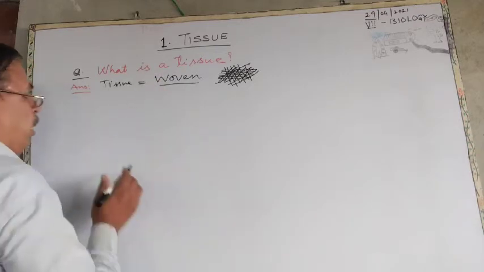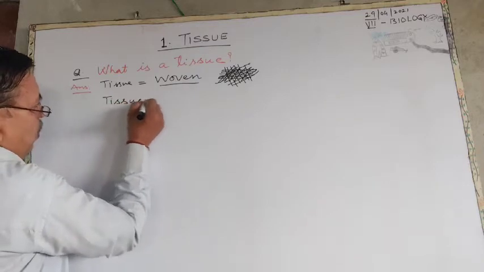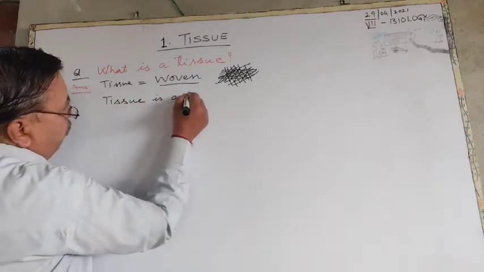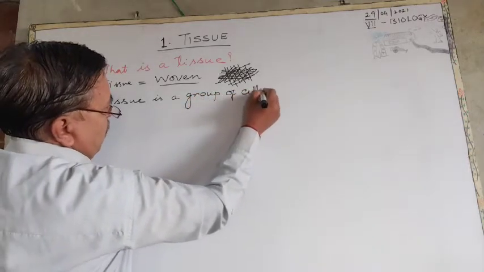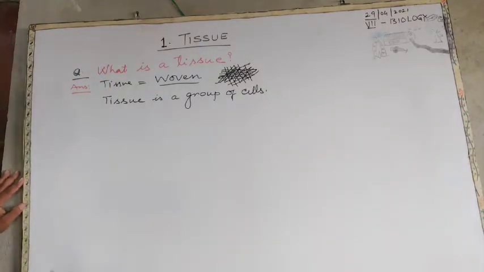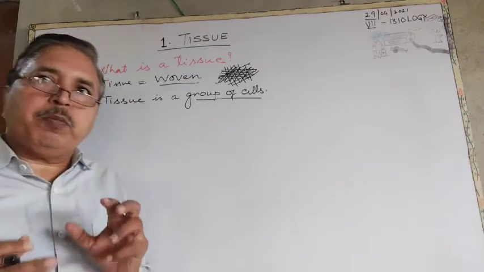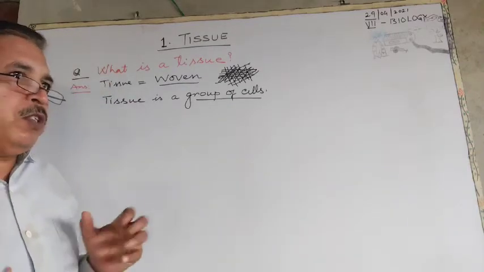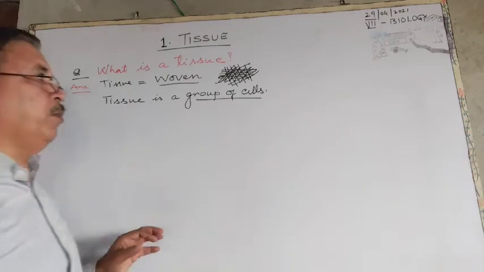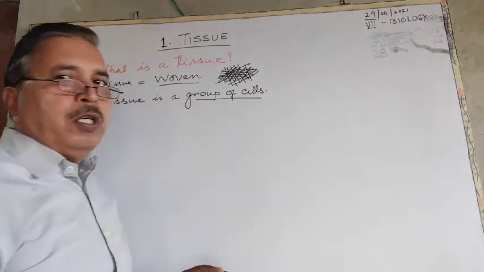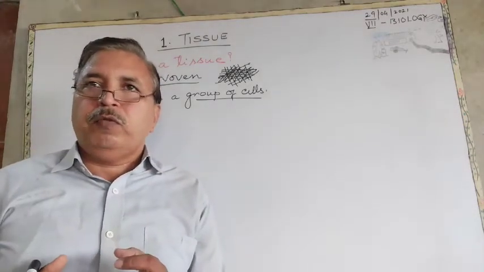As regards your biology, you write: tissue is a group of cells. Right? So a group of cells is called tissue. It's because for the sake of study, we name a lot of things together. Suppose a sum of 12 bananas makes a dozen.